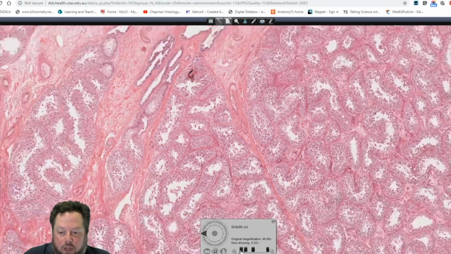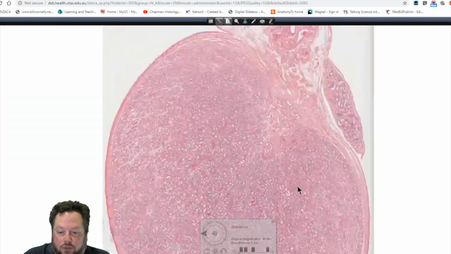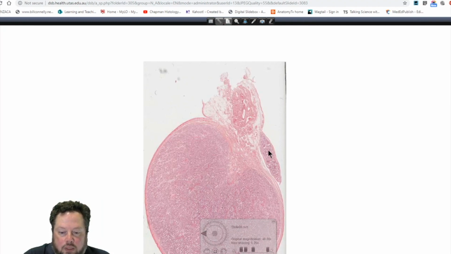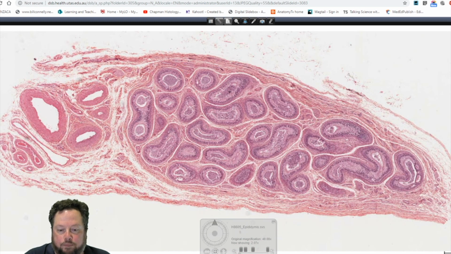But what we might find this useful for is we've got some epididymis on the back there, and we've got some of the spermatic cord, but we're not going to be talking about that right at this point in time. Okay, so this is the epididymis.